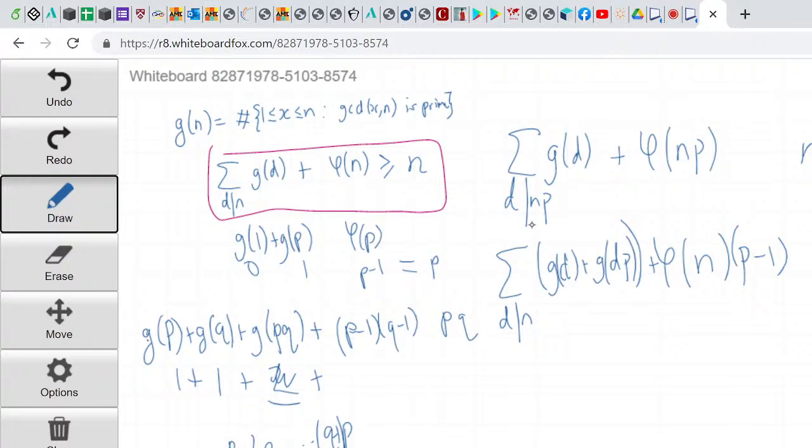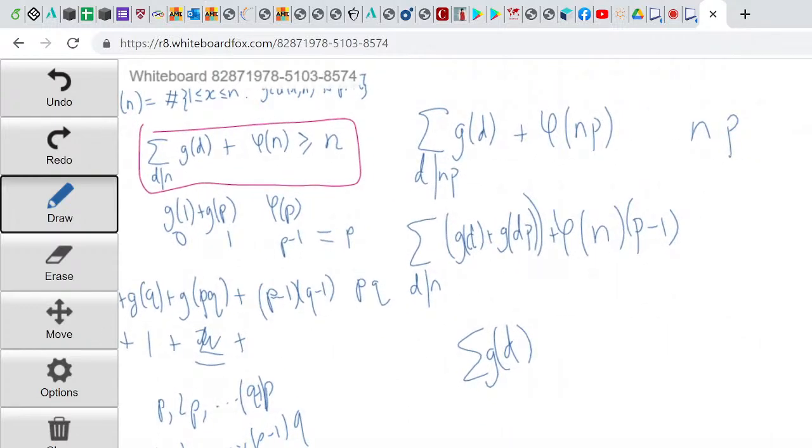Okay, so you have the old sum, plus phi of n, that'll be greater than or equal to n.